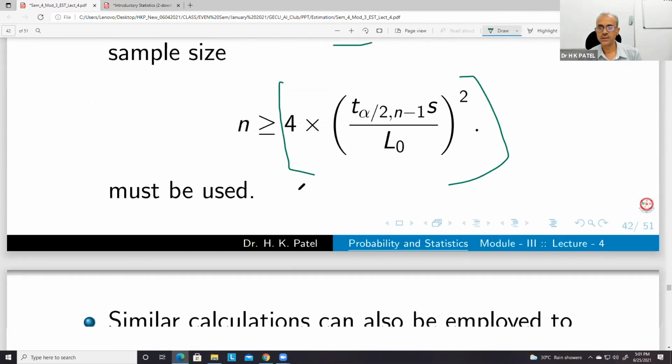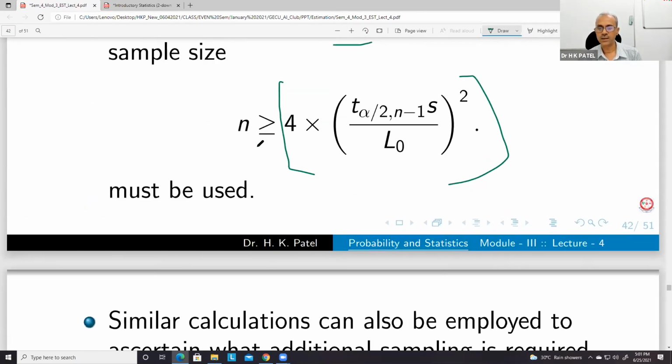So just find the bound for n. So n must be greater than or equal to this number. Similarly for the t case, you just replace t alpha by 2 by z alpha by 2. So it is 4 into z alpha by 2 sigma over L0, squared.